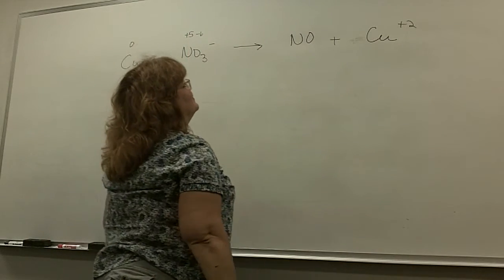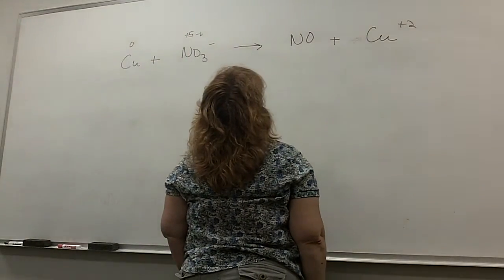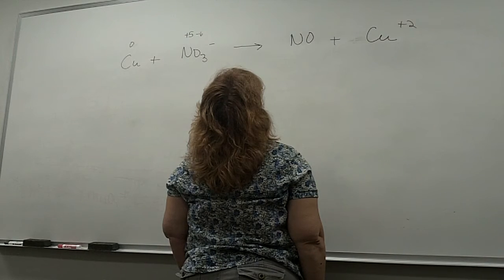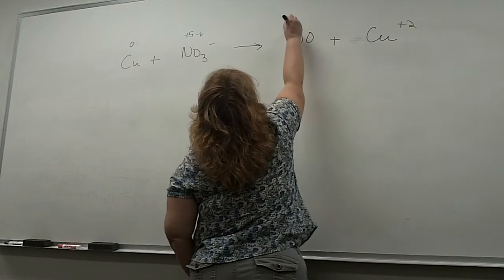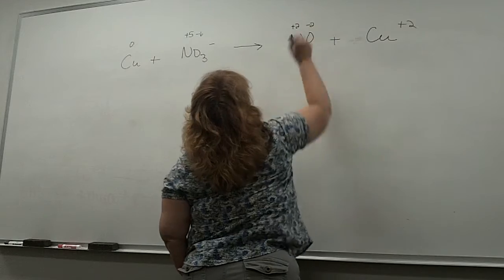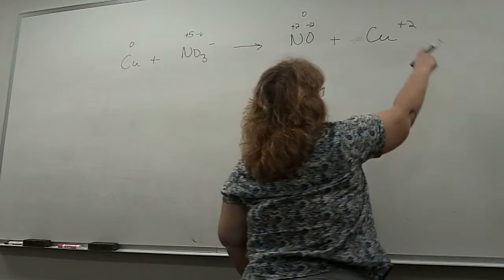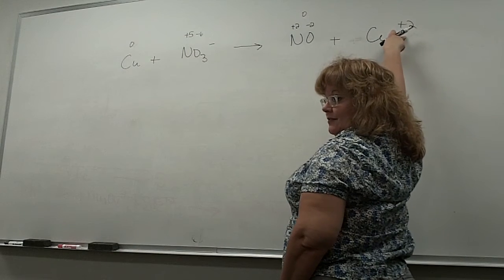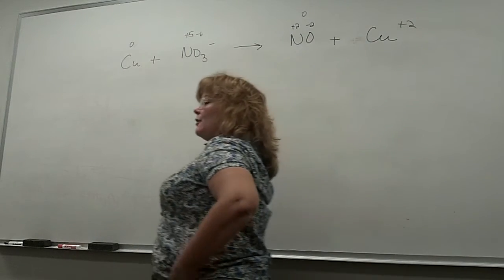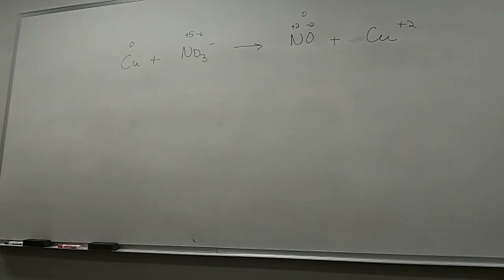And then on the product side, the N is +2 and the O is -2. Mm-hmm. And the whole thing is 0, and that's 0 over there, and this is +2, it tells you. Even though when they're written by themselves they're normally 0, in this case it's telling you what it is.